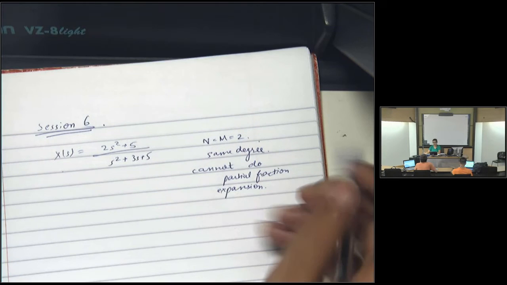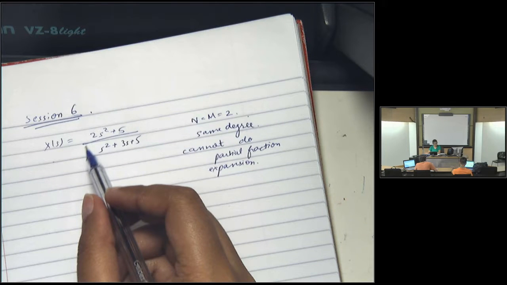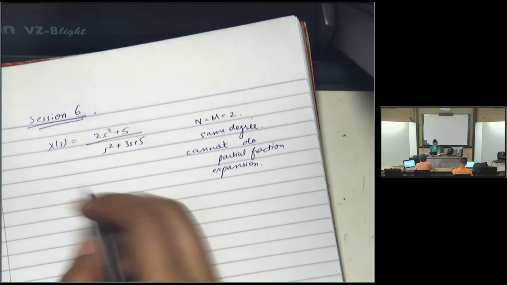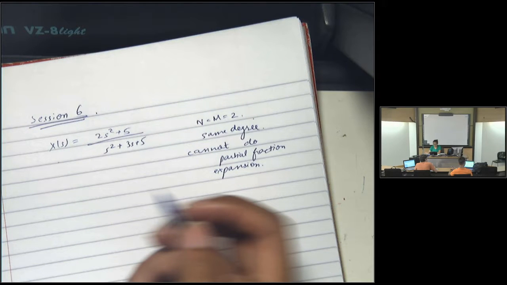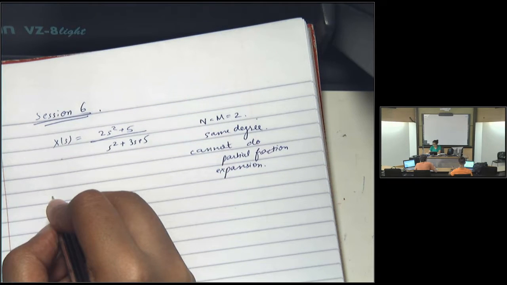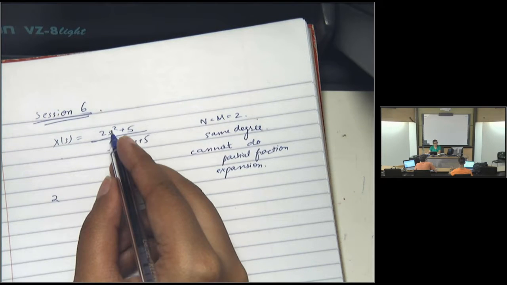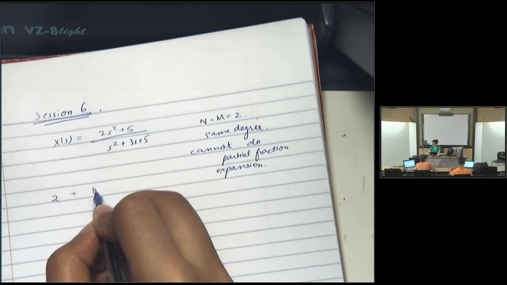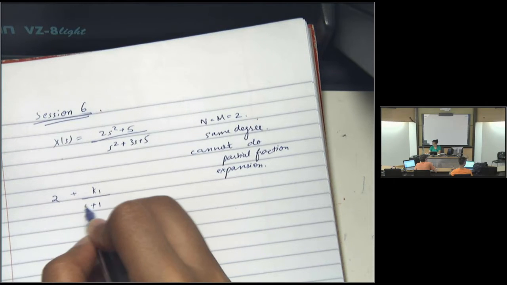Long division? Yeah, so first we'll divide this and get a proper fraction and then go forward. A shortcut or technique to do this is that the first term you'll have is the coefficient of the highest term of the numerator, that's 2, plus some constant over the root factorized.